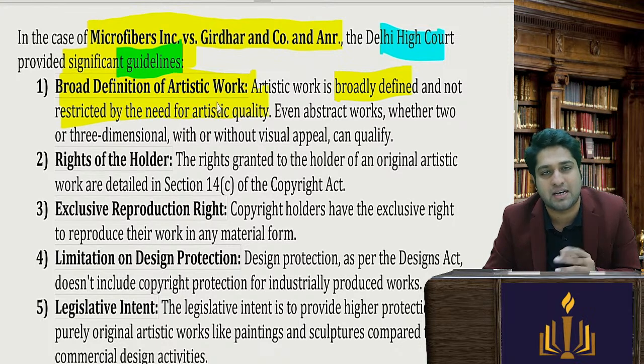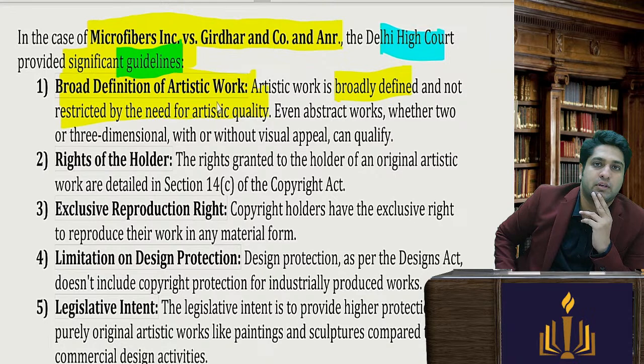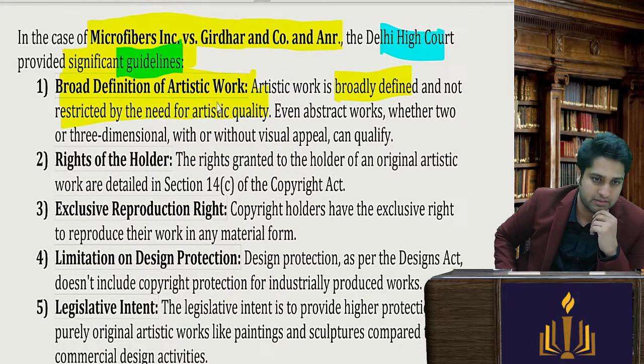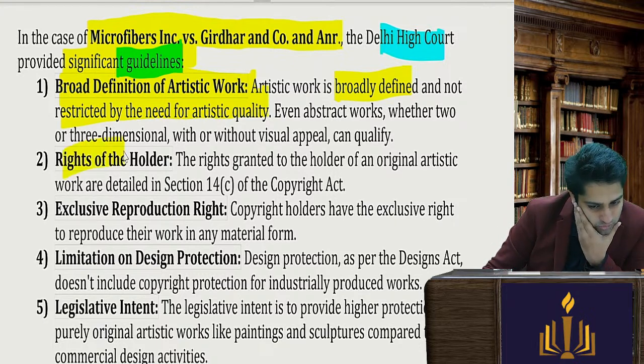When I say you are an artist, will I say what kind of artist, or will I keep the definition wide, because it's a creative field and anything can come in. Next, rights of the holder.